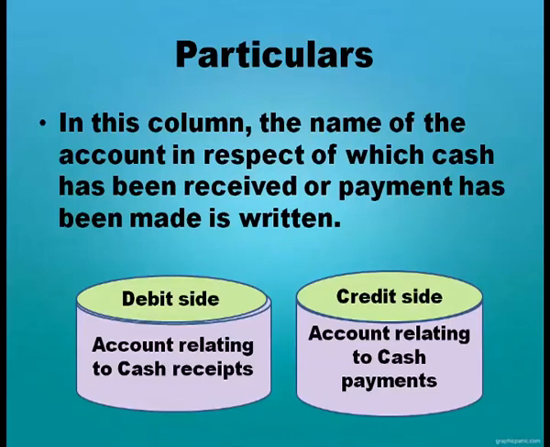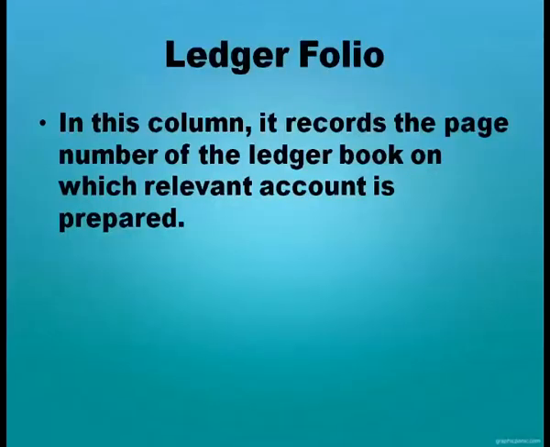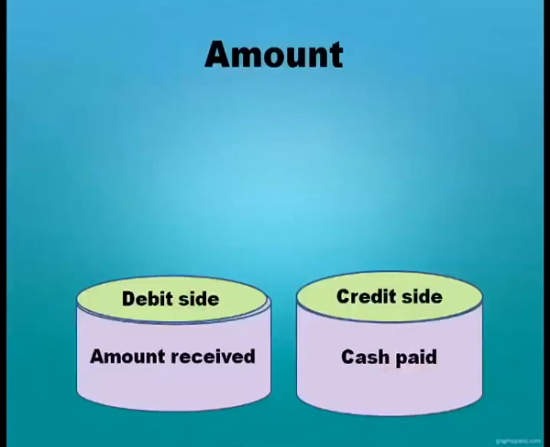Accounts relating to cash payments are recorded on the credit side. Receipt account, debit side; payment account, credit side. The ledger folio column records the page number of the ledger book on which the relevant account is prepared. In the amount column, the amount received will be written on the debit side. Cash paid will be written on the credit side.